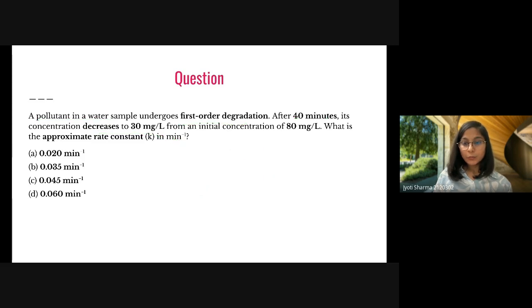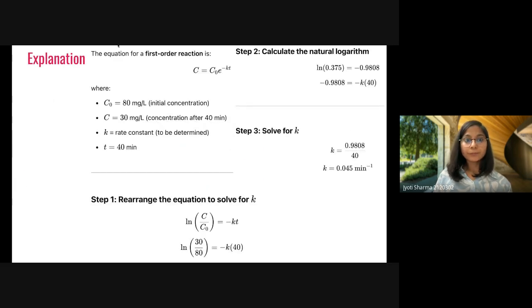Let me tell you how we can do this. Again, you have the integrated form of the first order reaction, that is C is equal to C naught e raised to power minus KT. You have C naught, you have C, you have T, and K you need to calculate. So you put everything into this equation.